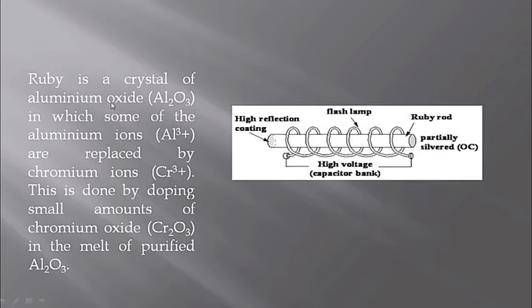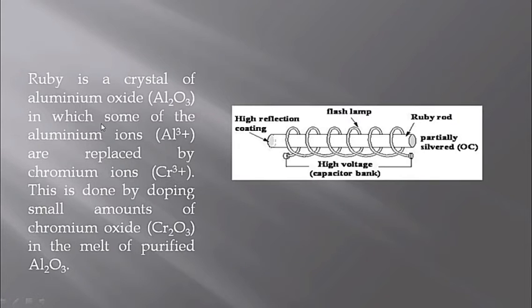Ruby is a crystal of aluminum oxide, that is Al2O3. This is basically ruby in which some of the aluminum ions, Al3+, are replaced by chromium ions, Cr3+. This is done by doping small amounts of chromium oxide, Cr2O3, in a melt of purified Al2O3.